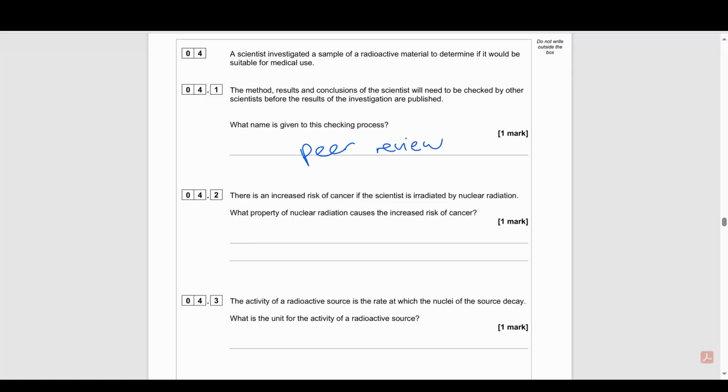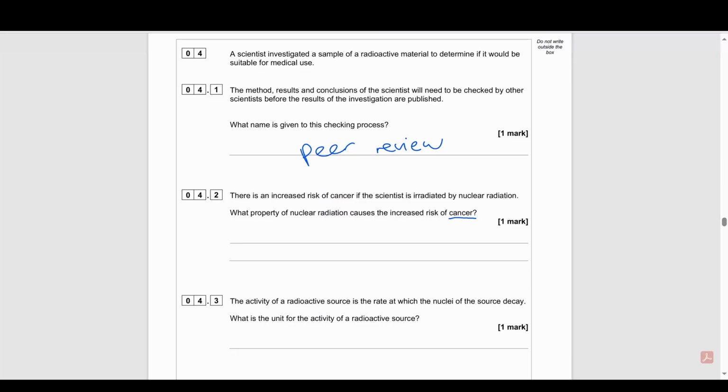4.2. There is an increased risk of cancer if the scientist is irradiated by nuclear radiation. What property of nuclear radiation causes the increased risk of cancer? Well, cancer is through mutation. Mutation is change to DNA.